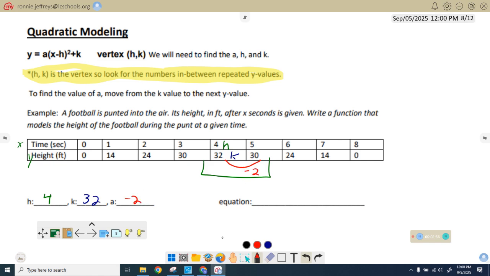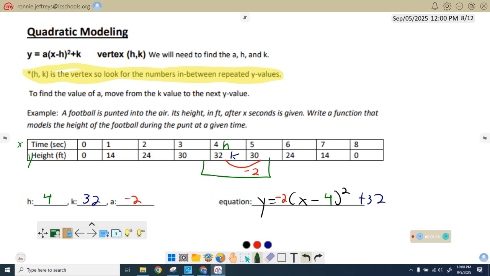That is our A. So when we're plugging it into the equation, -2 goes here. Okay, 32 goes here. It was just easier to grab that than go back and get the green. And then 4. Okay? And that's really what we're doing.